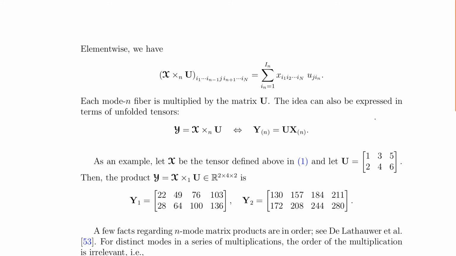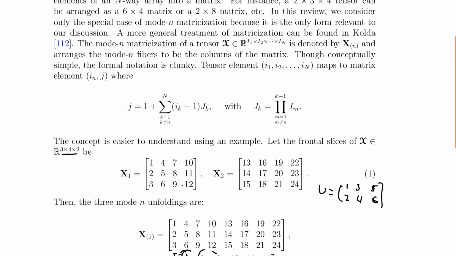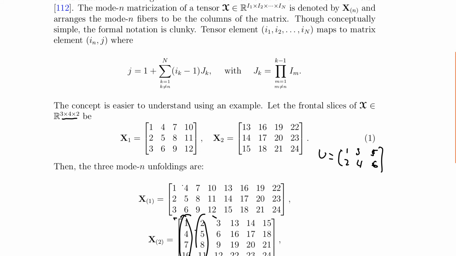Yeah, it's a mode 1 multiplication, because the mode 2 dimension doesn't match. So the mode 1 fiber is just the column fiber, right? For each of these column fibers, I will do a dot product with the row of the U matrix here.